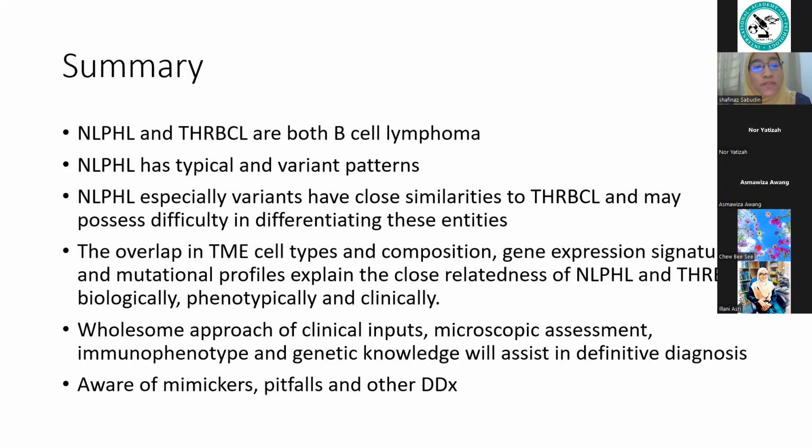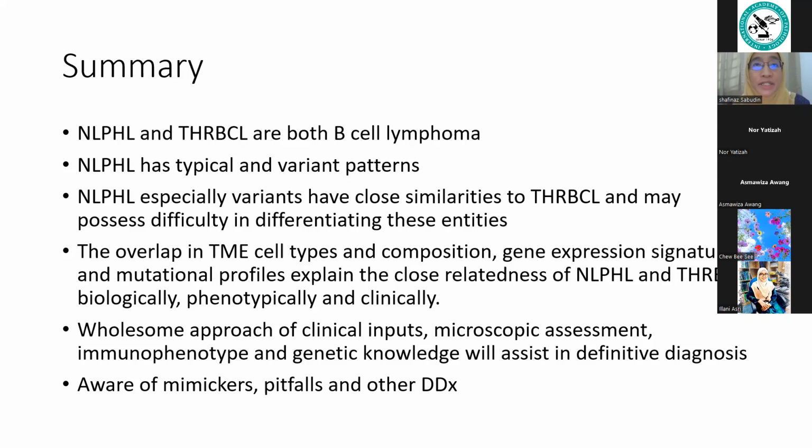There is also overlap in tumor microenvironment cell types and composition, gene expression signatures, and mutational profiles, which explain the close relatedness of nodular lymphocyte predominant Hodgkin lymphoma and T histiocyte rich B-cell lymphoma, both biologically, phenotypically, and clinically.